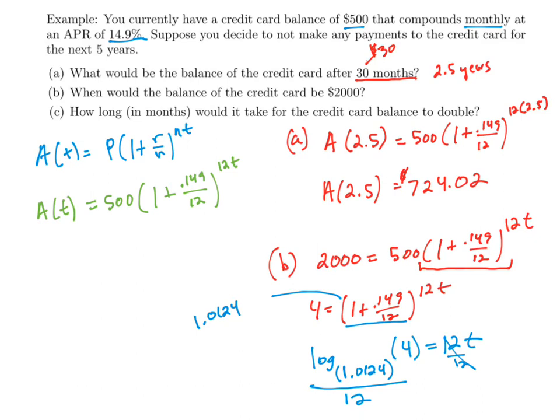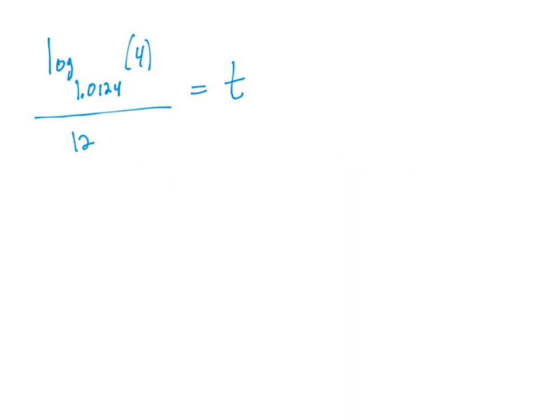So how can we come up with an answer from the calculator for this? Your calculator may allow you to enter any base value here to a logarithm, and if it does, then this is not difficult to do. If your calculator doesn't allow you to do that, you should use the change of base formula, and I'm just going to factor out the 1/12 here.